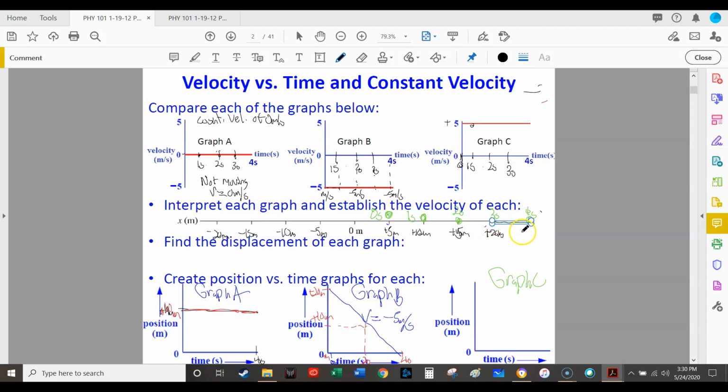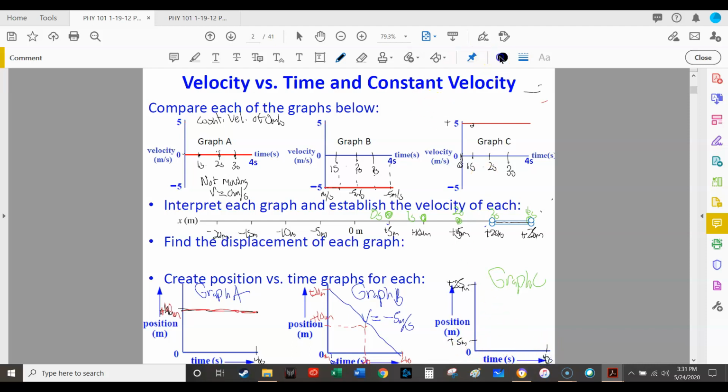And now it's going to be at the positive 25 meter mark. Okay, and I'm just doing that for a point, and for the point of that it's going to end up here at the 25 meter mark, and it started out at the 5 meter mark, positive 5 meter mark. Okay, this is 4 seconds.